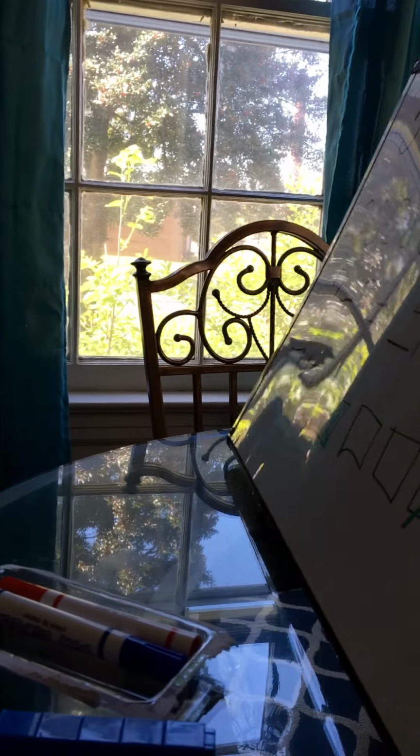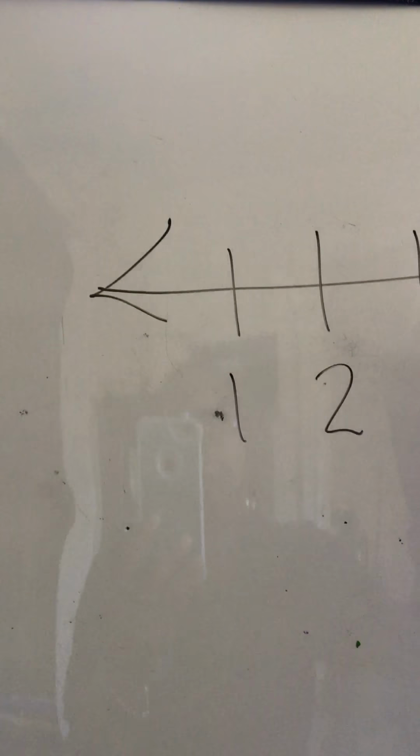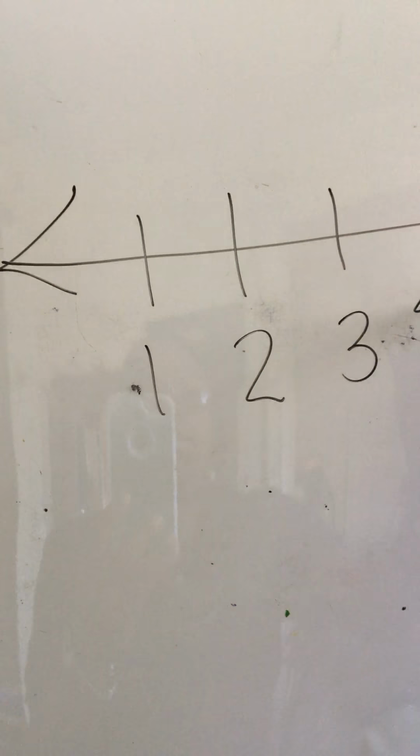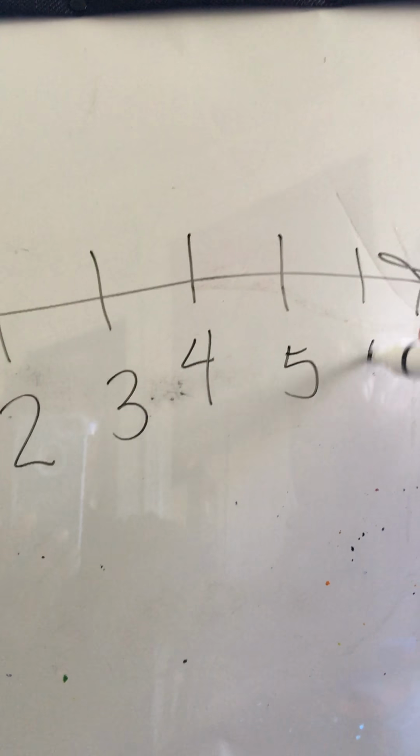So I'm going to draw a number line. Number lines are so fun. I love number lines. I call them my handy dandy number line. 1, 2, 3, 4, 5, 6.